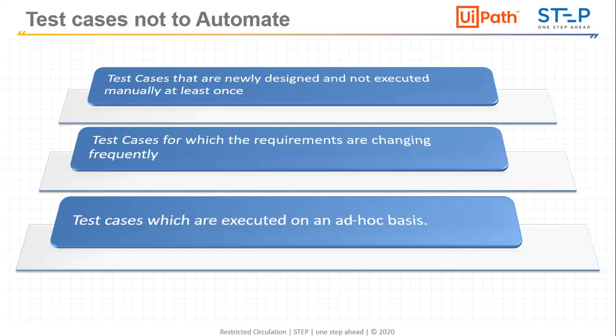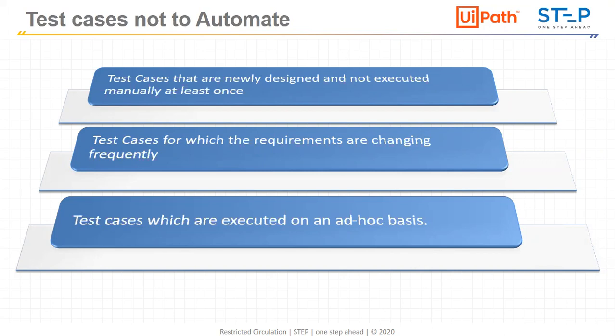While doing the feasibility study and planning, we need to see which type of test cases we can automate and which we can't. That's a very important part. Next are the test cases which are executed on an ad hoc basis. Ad hoc testing doesn't require any test case design, and we don't define any testing strategy in mind for it.